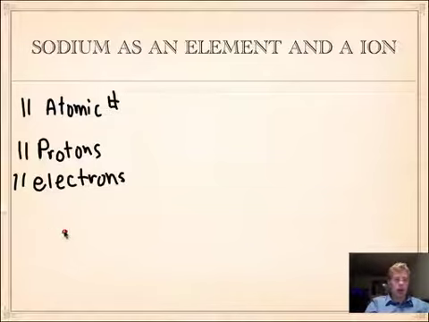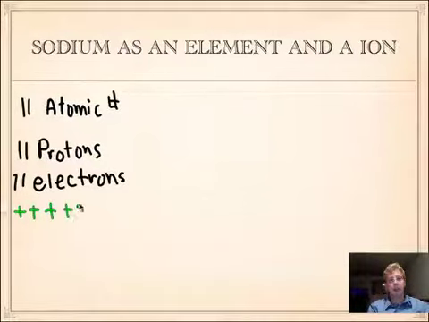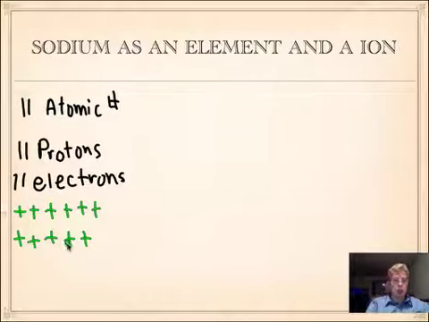If we were to draw this out using pluses and minuses to represent our protons and electrons, we would have exactly 11 pluses for our 11 protons, and we would have 11 minuses for our 11 electrons.